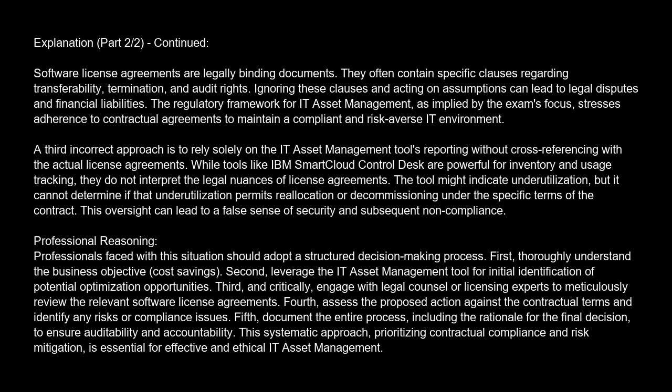Fourth, assess the proposed action against the contractual terms and identify any risks or compliance issues. Fifth, document the entire process, including the rationale for the final decision, to ensure auditability and accountability. This systematic approach, prioritizing contractual compliance and risk mitigation, is essential for effective and ethical IT asset management.